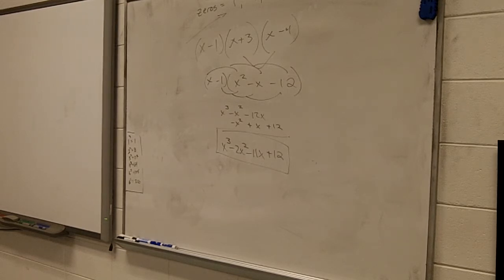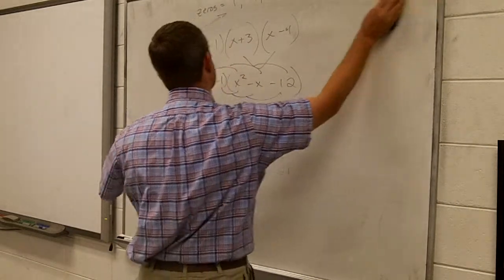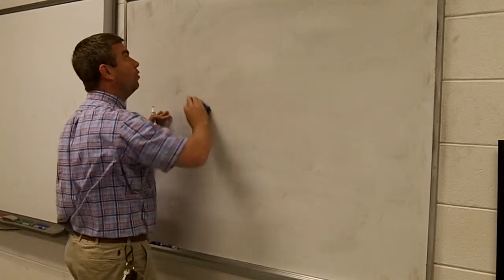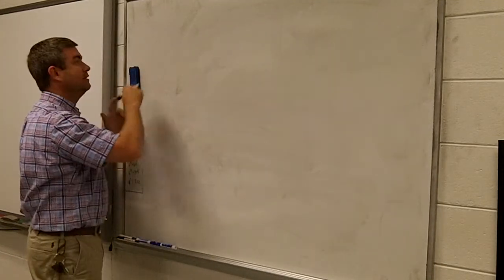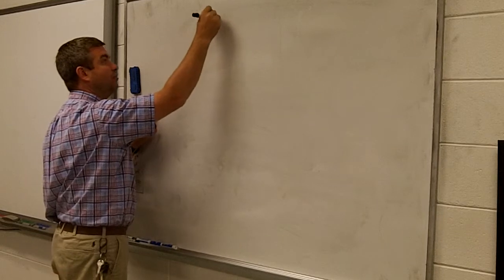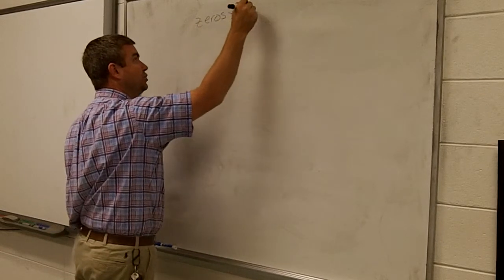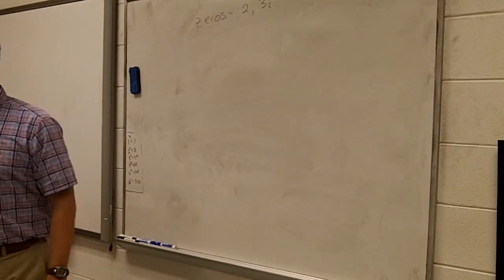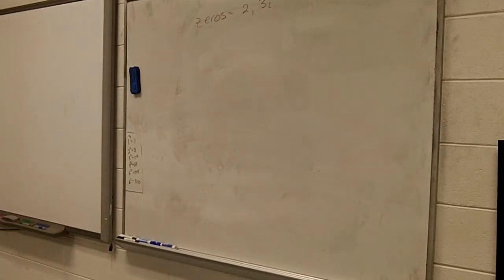Okay, questions? All right, I got one more monkey to throw in here and then we'll be done. What if your zeros were 2 and 3i? Well, there has to be a -3. That's exactly right.